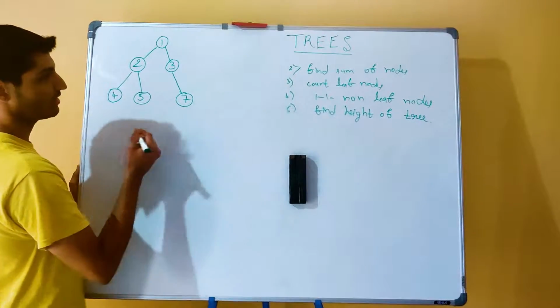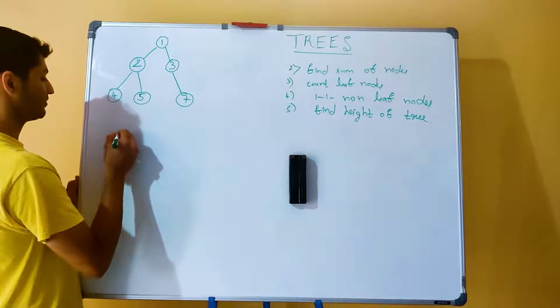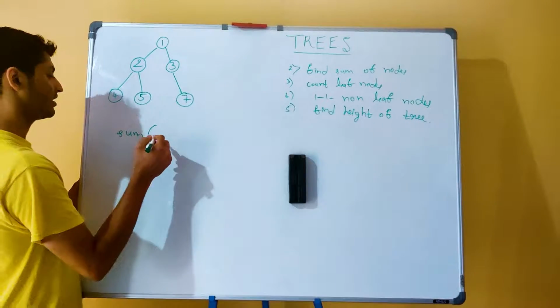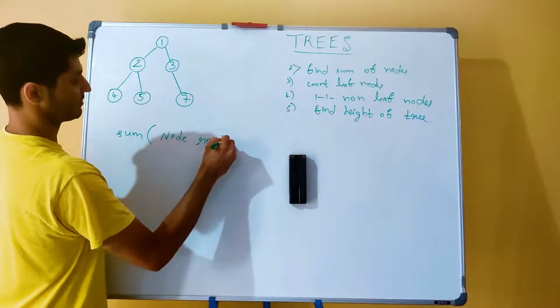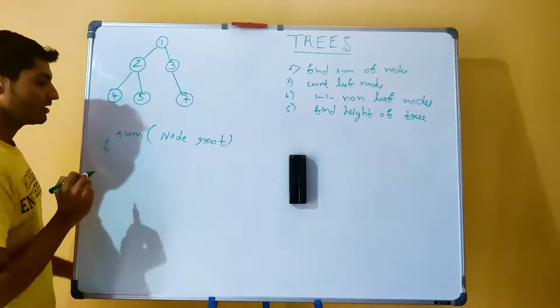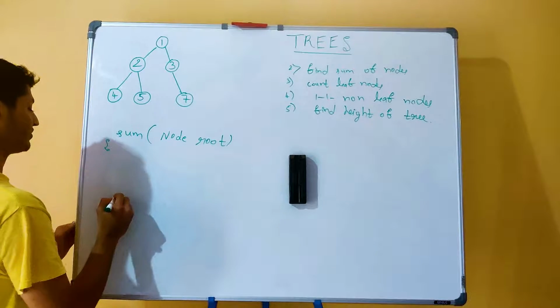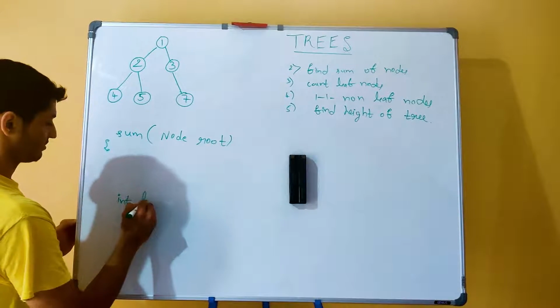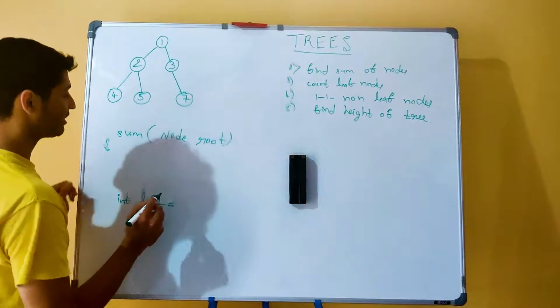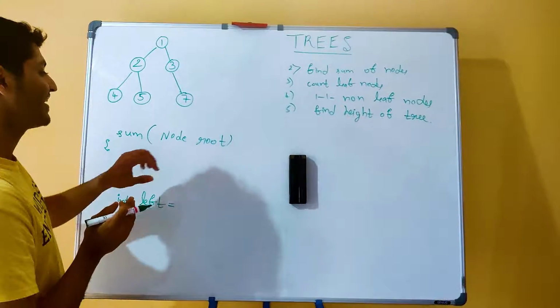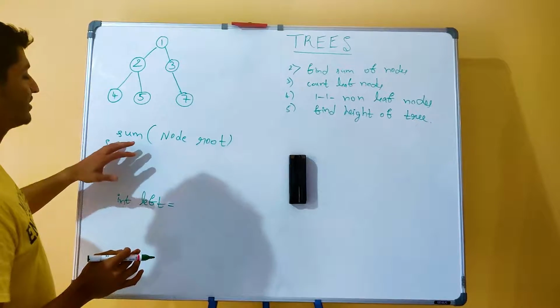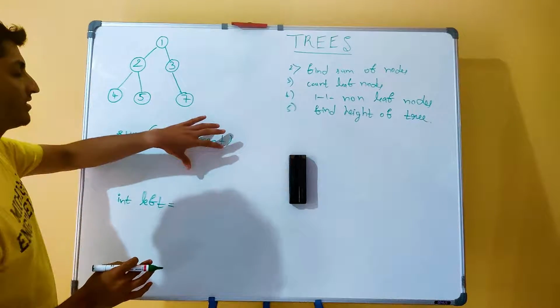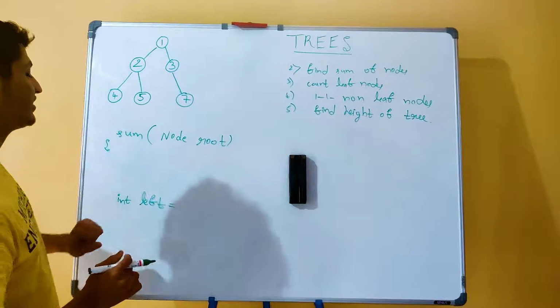Okay, so finding the sum of nodes is the problem. Let's say our function gets the root node's reference. Now applying the same logic that we wrote earlier, let's assume that our function is already working and it gives you the sum of all nodes in the tree.